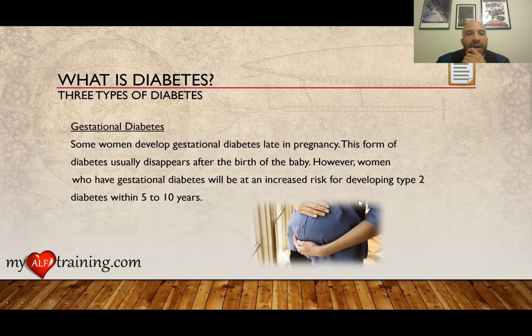So let's talk about gestational diabetes, because that was also a cause of type 2 diabetes. Gestational diabetes occurs late in pregnancy for some women. It usually goes away after the woman has the baby because the baby is introducing a lot of new hormones, causing the woman to eat more, moving less.